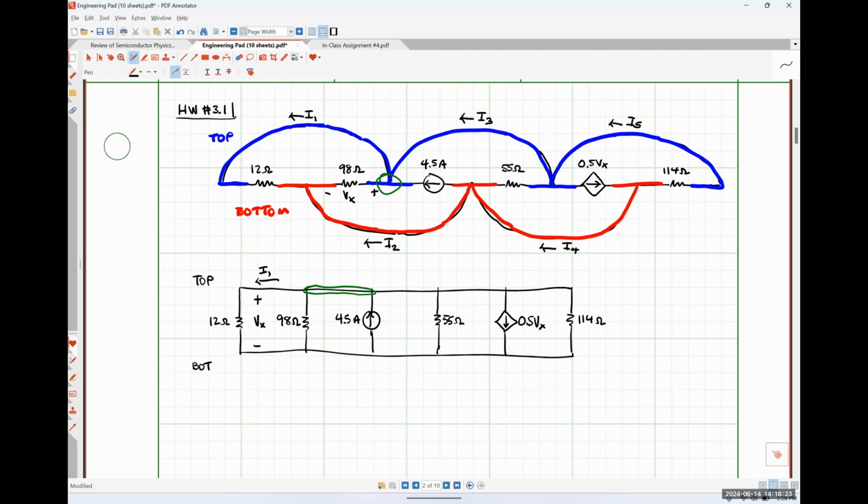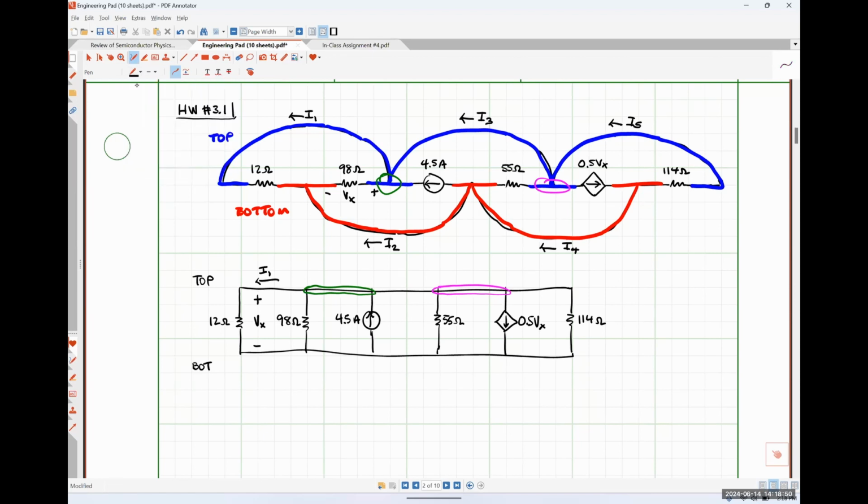My current I3 is originating at this point in our circuit, which is where the 55 ohm resistor and the tail of the 0.5 Vx current source are connected together, which would be this node right here. And it's flowing to the node where I1 started from.